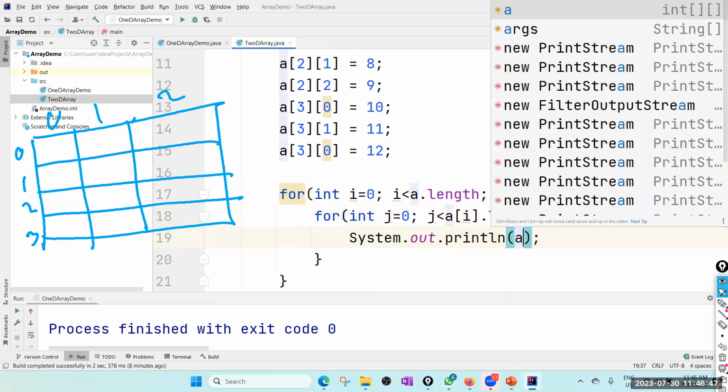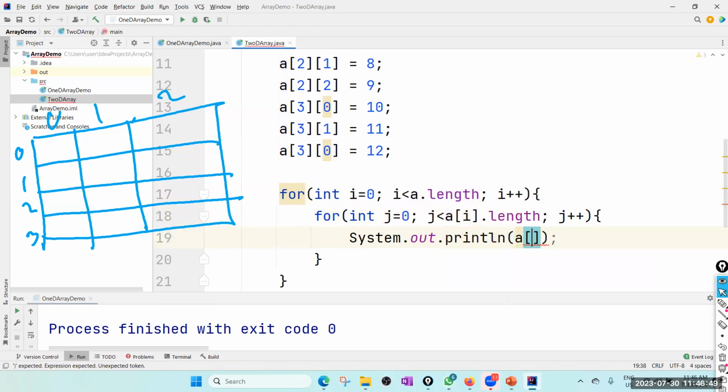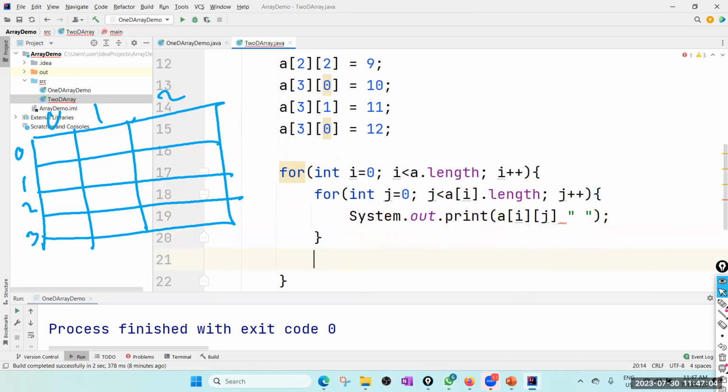Say a[i][j], ith row jth column. So let's go for print, therefore let's have a space. After finishing a row, before going to the next row, we push to the next line.